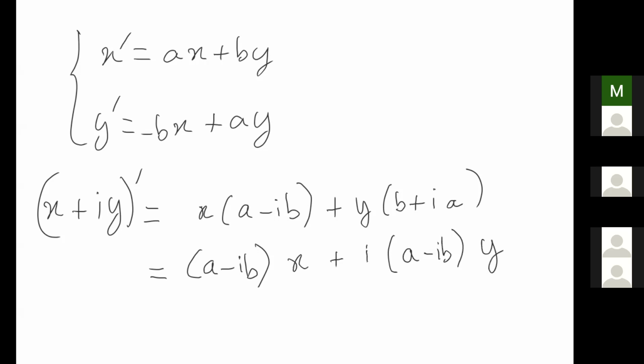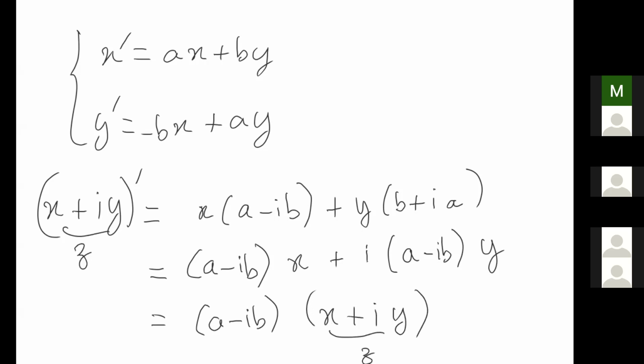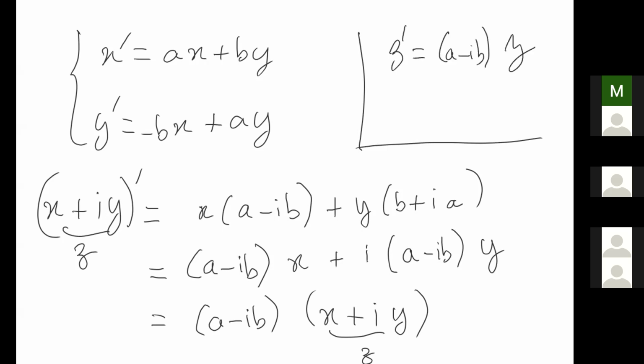And so I get a minus ib times x plus iy. So again, if I call it z, I get z prime equals a minus ib times z, and this gives z of t equals exponential of a minus ib times t, times z0. And this is my solution.